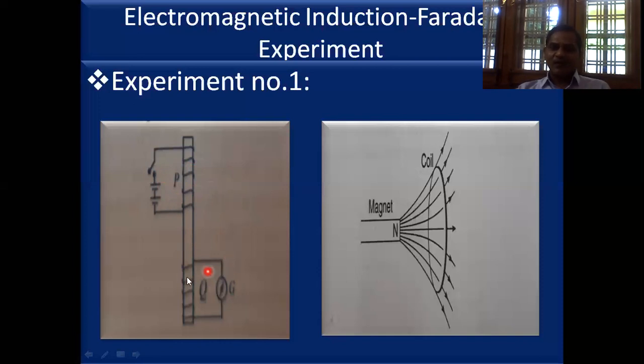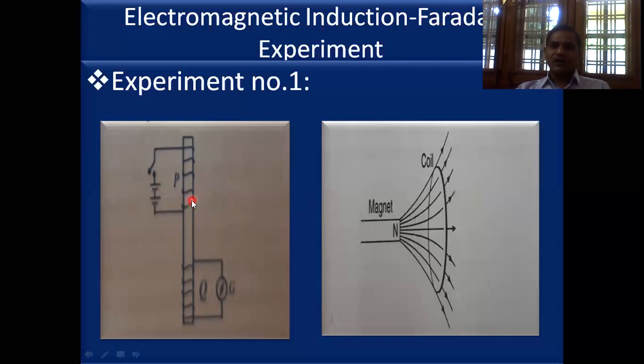That magnetic flux is linked with the secondary coil. Hence, the magnetic flux linked with the secondary coil changes with the change of current in the primary circuit. Therefore, the deflection occurs in the galvanometer.